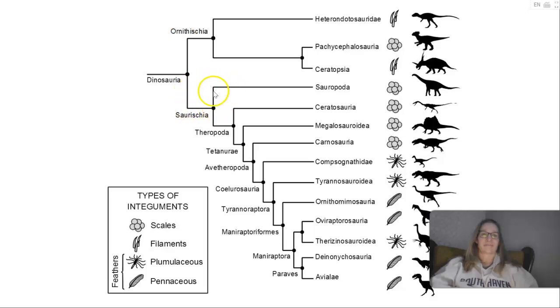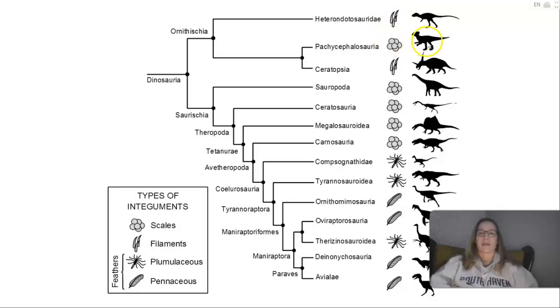kinds of separations of the different species, and in this diagram they want to show you what kind of skin covering, I guess, they had in each organism. So these guys would have scales.